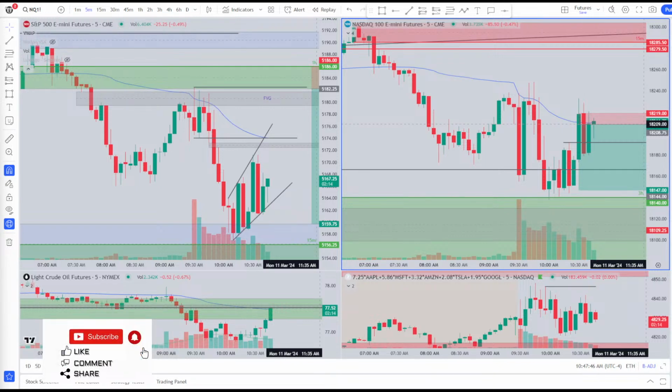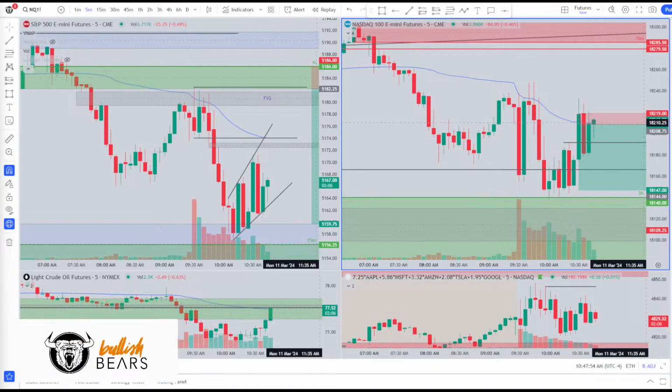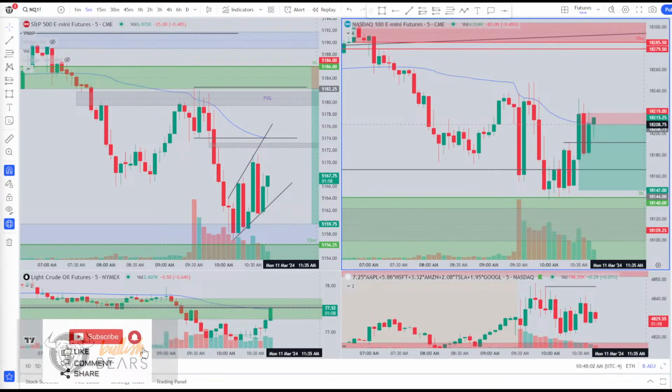A lot of volume building up. Nvidia leading the pack, as always. Looking like we want to break higher.